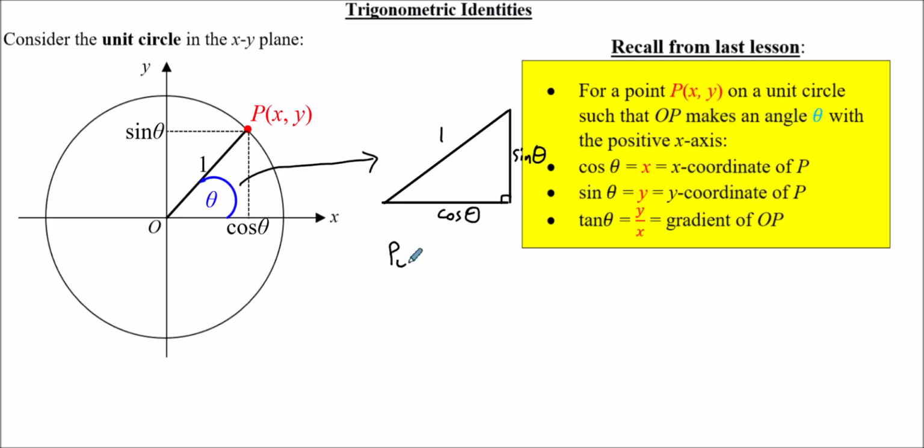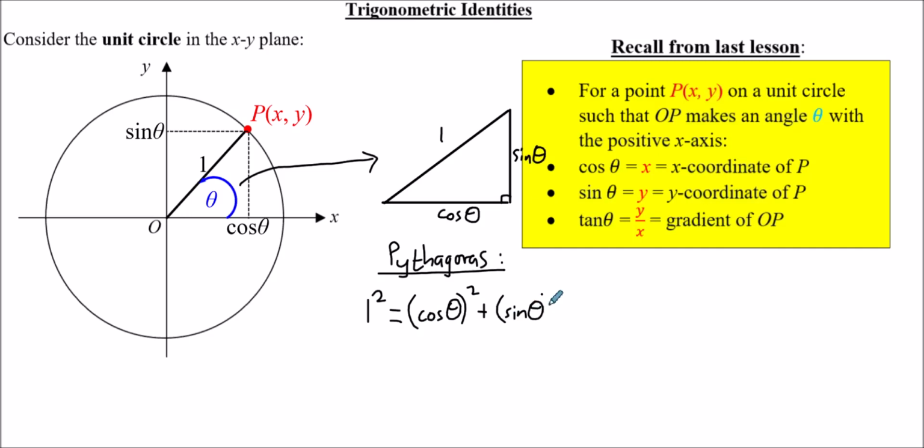So applying Pythagoras to this, we can derive an important identity. The hypotenuse squared, 1 squared, equals the other two sides squared and added together. So that's going to be cosθ all squared plus sinθ all squared.